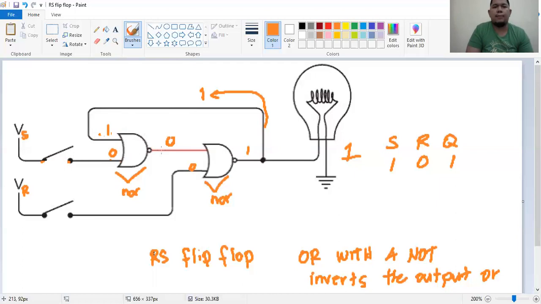Invert that, and we still have 0. 0 NOR 0, or 0 or 0, becomes 0. Invert that, still 1. So regardless if we close or open the set voltage source, we still retain the value of 1.